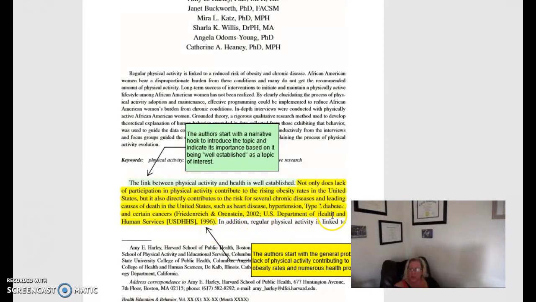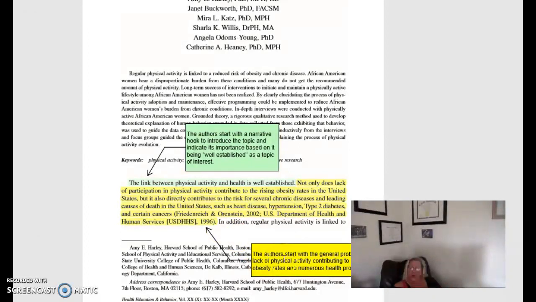And the U.S. Department of Health and Human Services. So this is your evidence. You're showing evidence. It's not your opinion. You're giving actual evidence, and you're saying, I know this is true because Frederick and Orenstein and the U.S. Department of Health, I read these articles and this is what they said, okay?